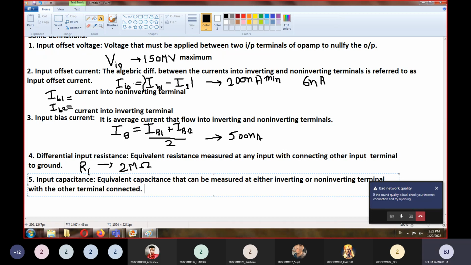And its typical value is given as 1.4 picofarad.